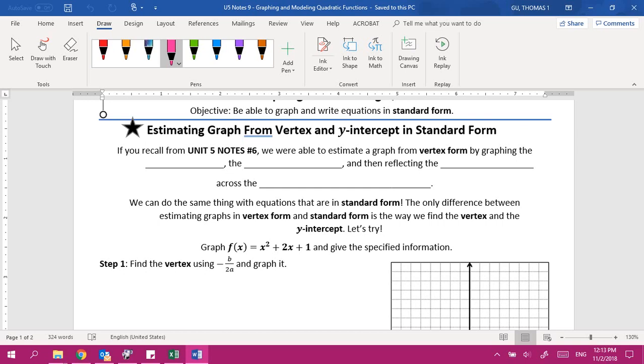That's right. But you need to have 3 points in order to estimate a graph for the U-shape, right? So how did you get that third point? We reflected the y-intercept.